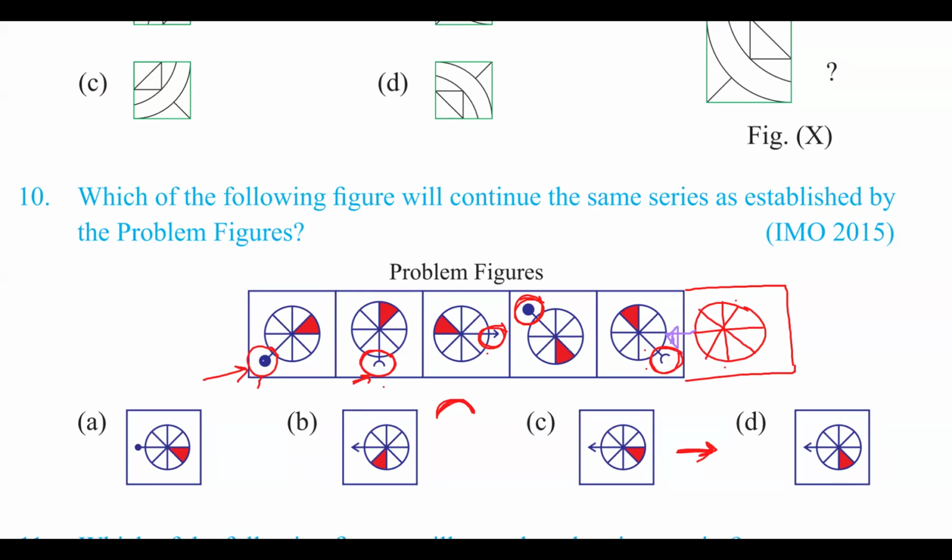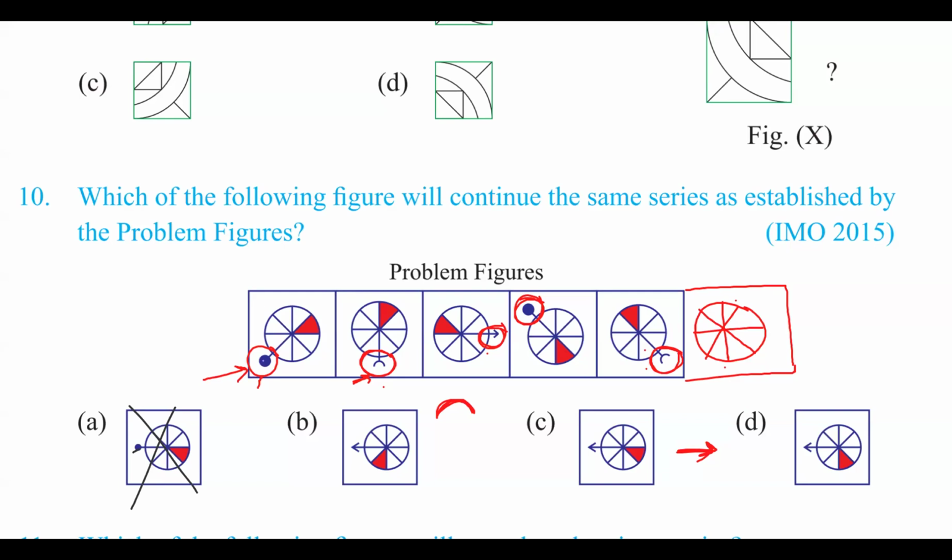This way of finding answers makes our work easy. We know which symbol is being used, so we'll exclude the options first. We'll exclude that option which is not containing the arrow. So option A should not be the answer, because it is not containing an arrow, it is containing a circle.